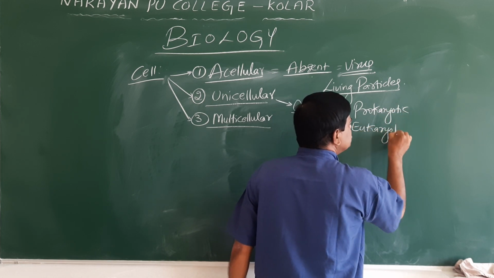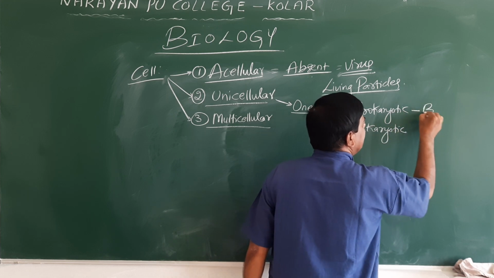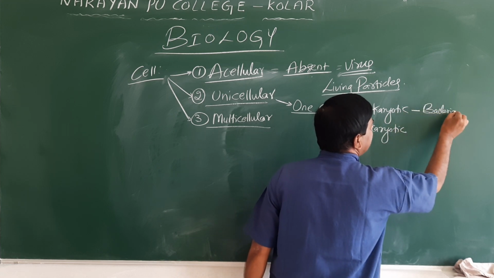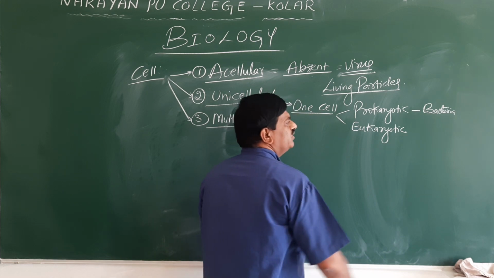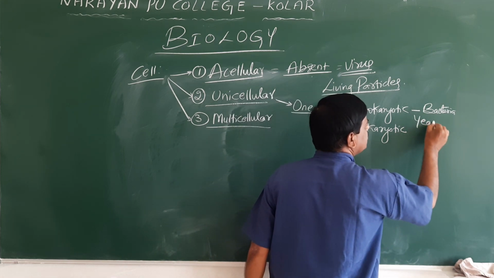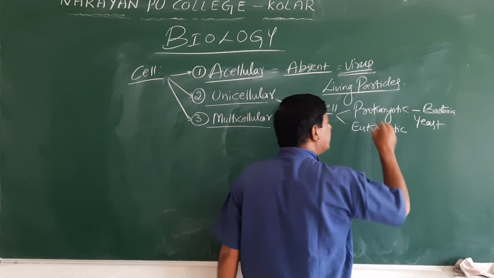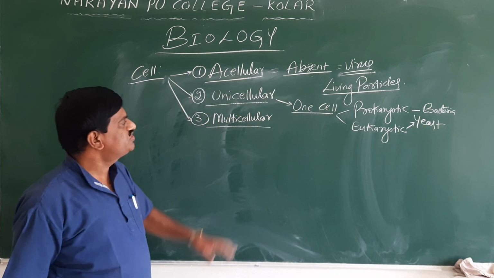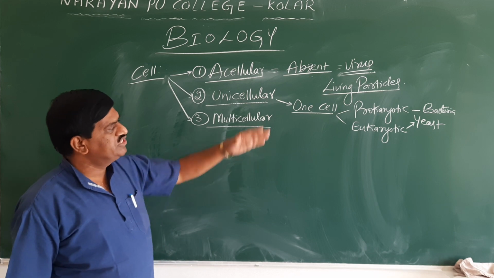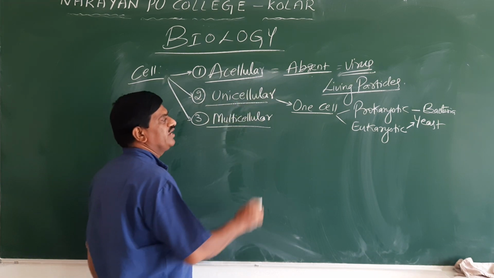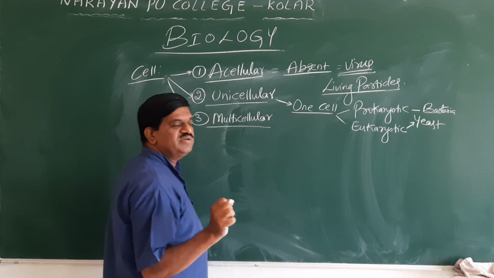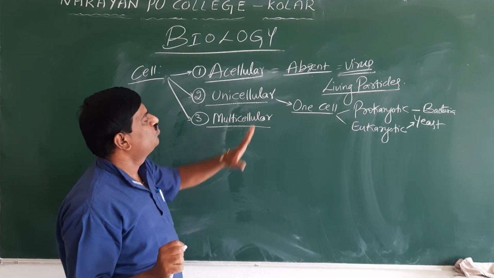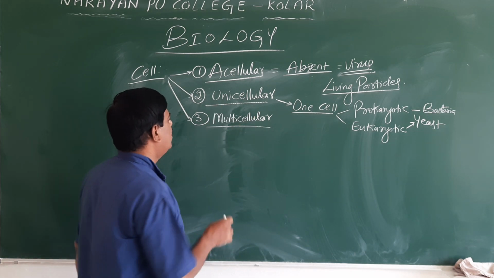Bacteria can be given as an example for a prokaryotic cell, and yeast can be given for a unicellular eukaryotic cell. Like this, an organism is made up of only one cell. For that we use the word unicellular.